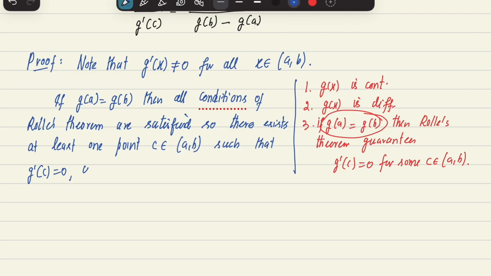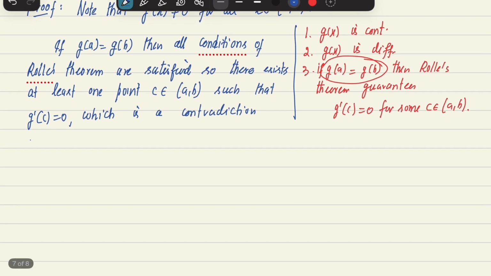But this is a contradiction, because g dash of x is given to be non-zero for all x belonging to the open interval a comma b. So the third condition of Rolle's theorem cannot be true for the function g of x.